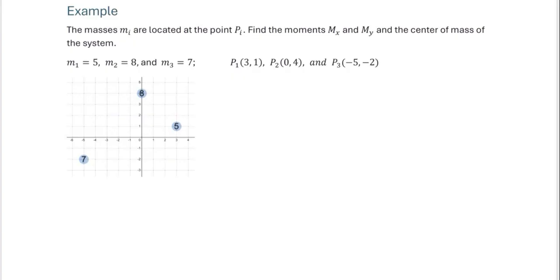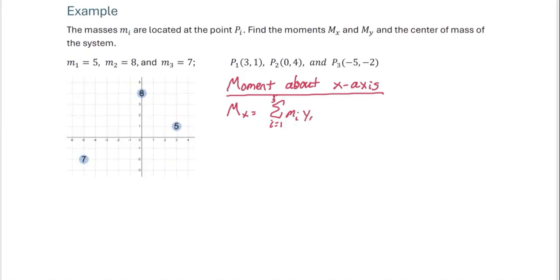First, the moment about the x-axis. M sub x is the sum from i equals 1 to 3 of the masses times their distance to the x-axis.